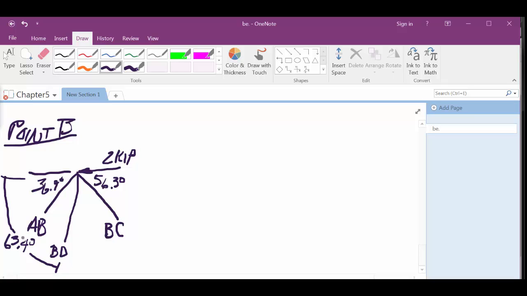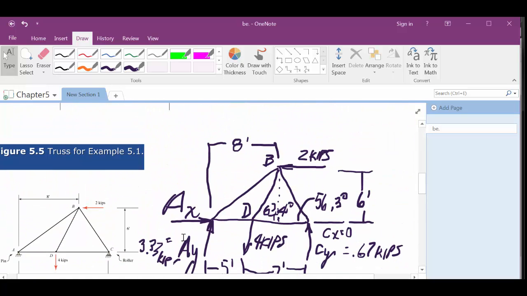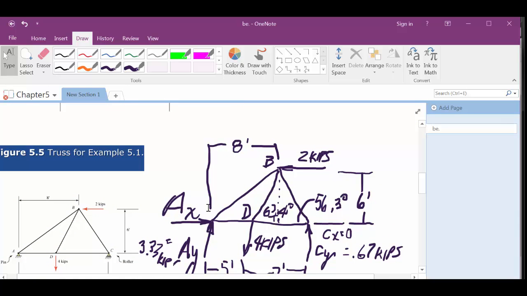Now, how did I know it was 63.4? Up here it was 63.4, right? And if you have two parallel lines, then the opposite angles are equal. So that's where the 63.4 came from.